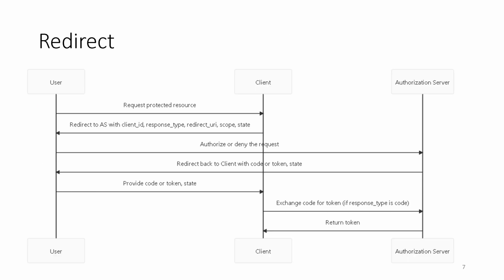To reiterate, the redirection endpoint is a URI on the client application that receives the authorization response from the authorization server. It is used to complete the authorization process and obtain the authorization code or access token, depending on the grant type.